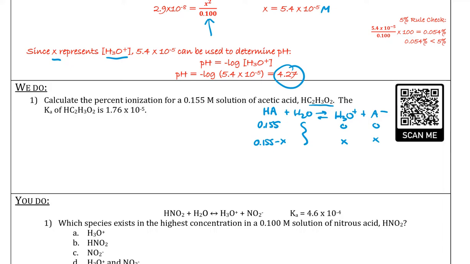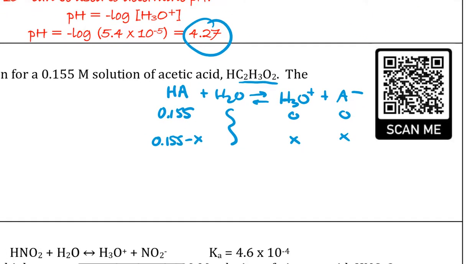So if I'm looking at the bottom line of this, I'm going to want to treat the X as negligible. Just to point out with my rice table, this is a way I can actually do that. If I think about it as minus X here, I can make myself a little note and say that this is negligible, NEG. And so instead of writing it out as 0.155 minus X, I can say this is approximately 0.155.